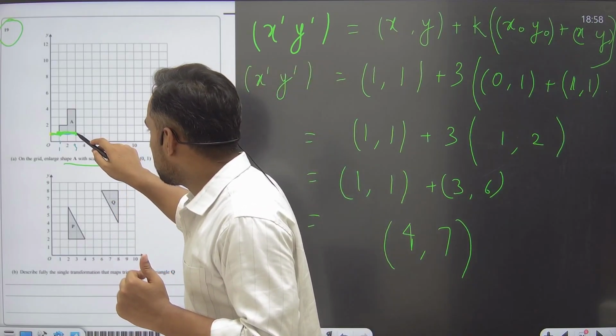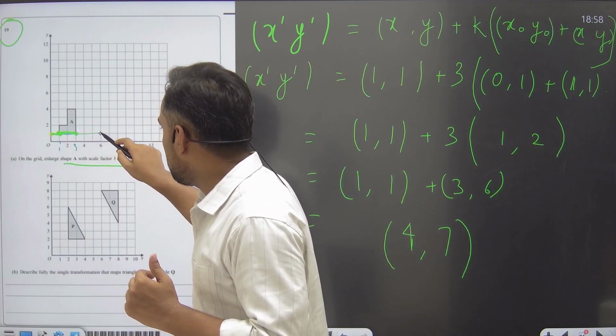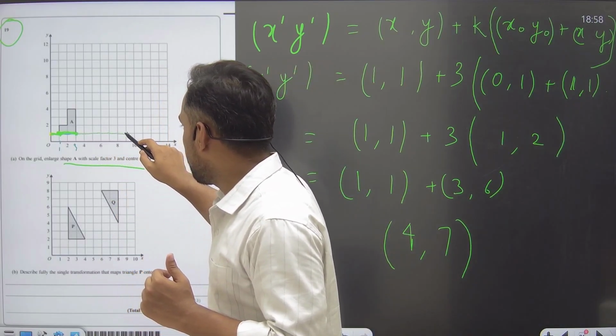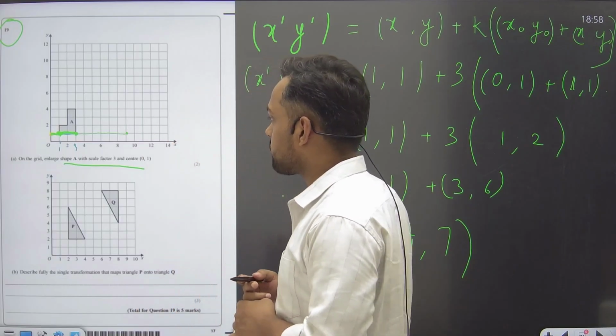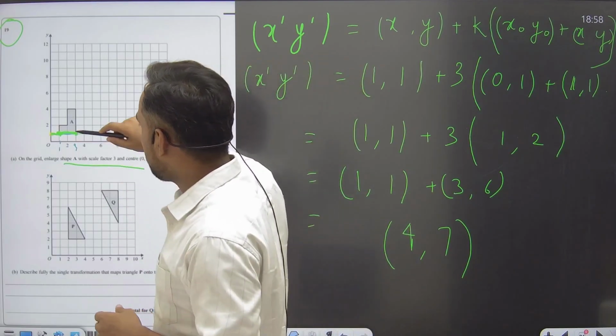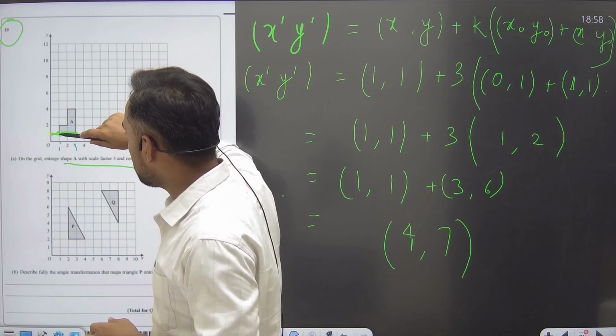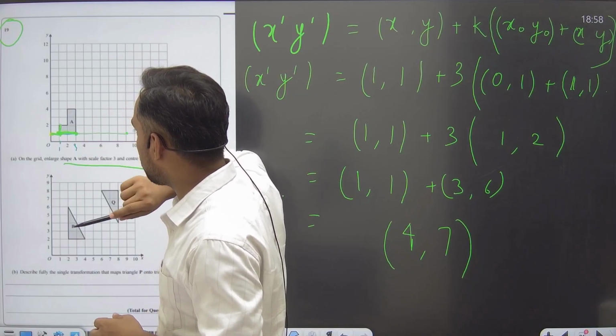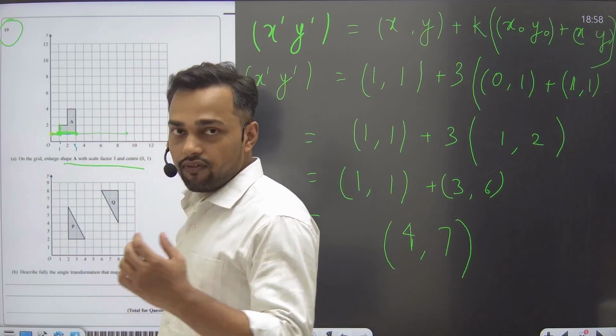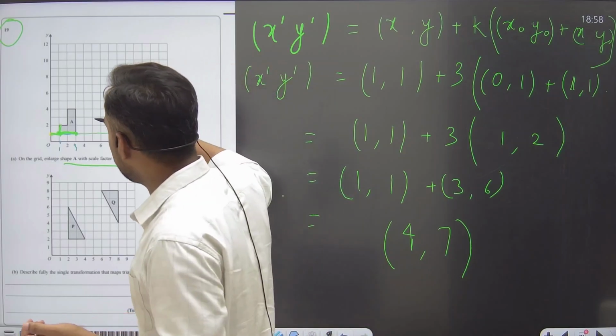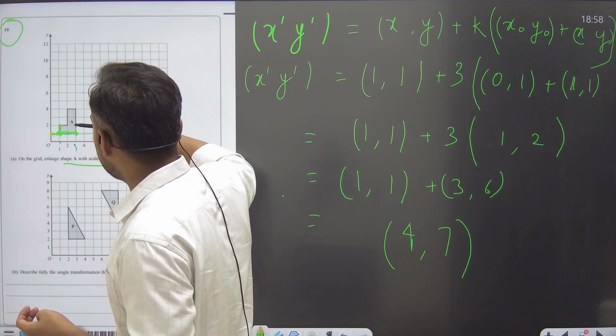So for 6 it will be 1, 2, 3, 4, 5, 6. Okay, so this will be the base. Same goes for this part as well. From here to here the distance is 1 unit. For scale factor 3, you increase it by 3, so it will be 1, 2 and 3.